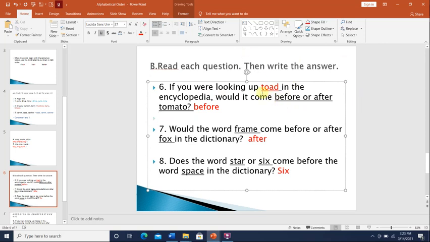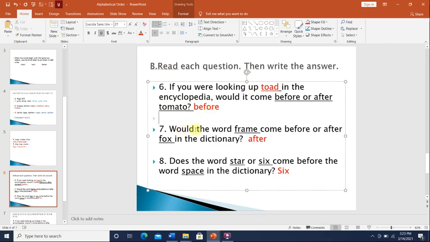As you see here, toad and tomato both begin with T-O. So the next letter would be A, and the third letter here is M. So which one comes first, A or M? A. So toad will come before the word tomato. So that's why I wrote before.